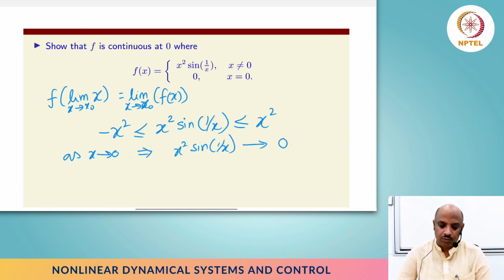X squared times sine 1 over x is going to go to 0, right? I mean, more generally, if x square is multiplied by any uniformly bounded function, meaning this is between -1 and 1, no matter what the value of x is, and those bounds -1 and 1 are independent of where my x is, you can easily conclude that x squared times some uniformly bounded function is always going to go to 0 as x goes to 0.